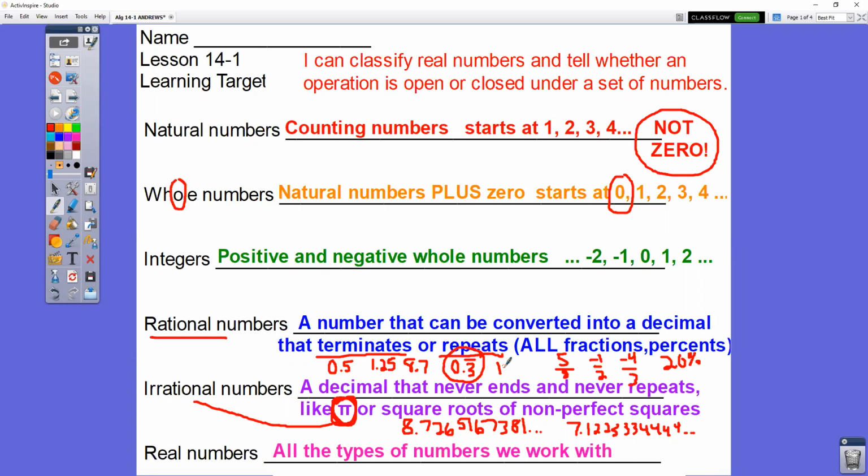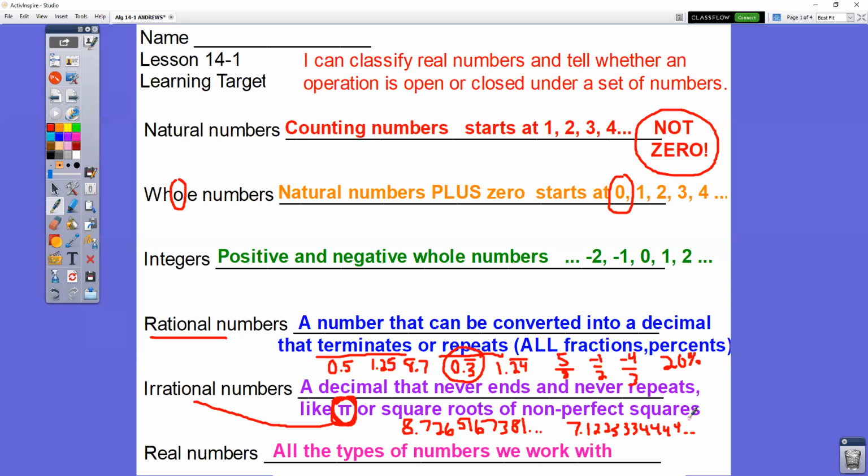If we had a number like 1.24 and the repeating sign was above the 2 and the 4, that's rational because the 2 and 4 repeat. That really means 1.2424242424. Anything that's underneath the repeating sign repeats. But you can't use a repeating sign here. Yes, there's a pattern, but that is irrational.